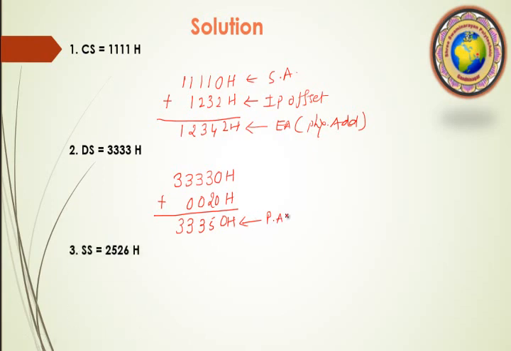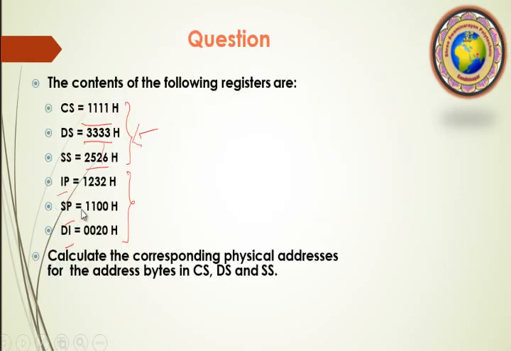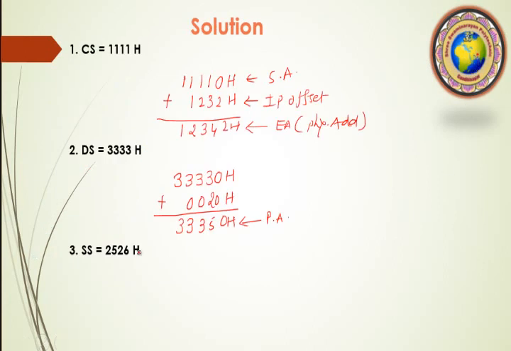Same for the SS. SS is 2526H, and either SP or BP can be used as the offset. Here the value given is SP, 1100H. For the final memory address generation we calculate 2526, add 0H, plus the offset value 1100H.